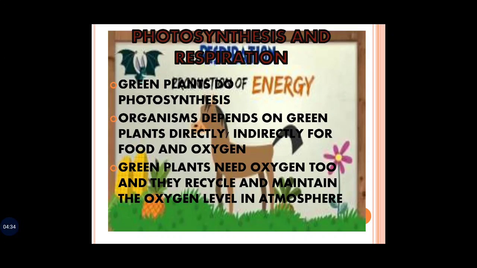So this cyclic process has been going on for millions of years, and this has helped the concentrations of oxygen and carbon dioxide in our atmosphere to remain constant.